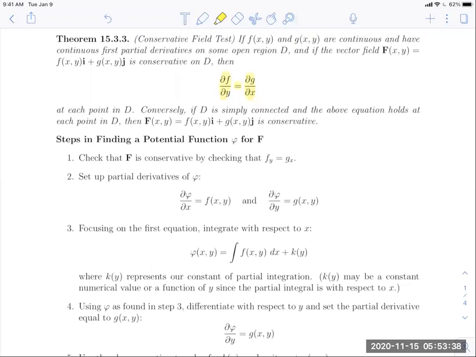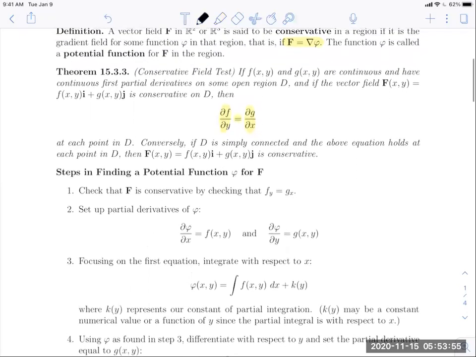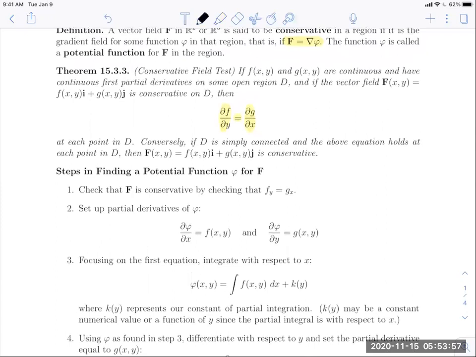So here's how we're going to go about finding a potential function. First, check that your vector field is conservative by checking those partial derivatives. Next, we're going to set up partial derivatives of phi. And so I just want to emphasize where these are coming from. Let me scroll up again. Remember this equation that F is the gradient of phi.